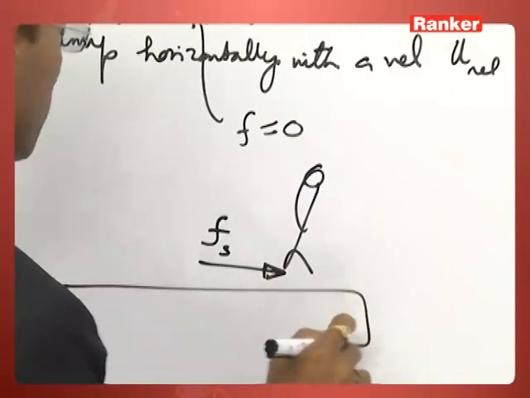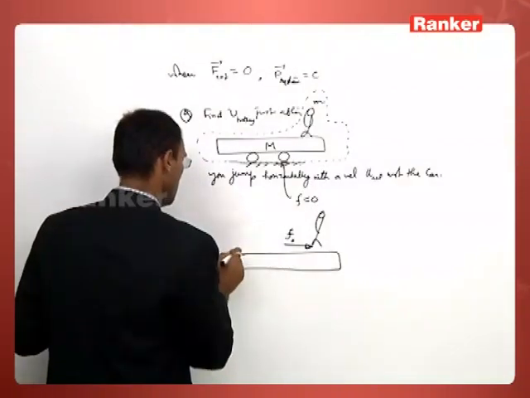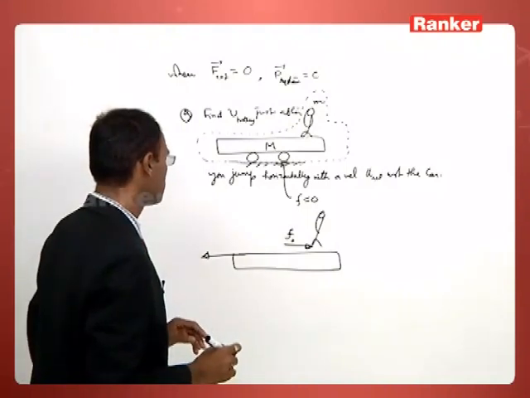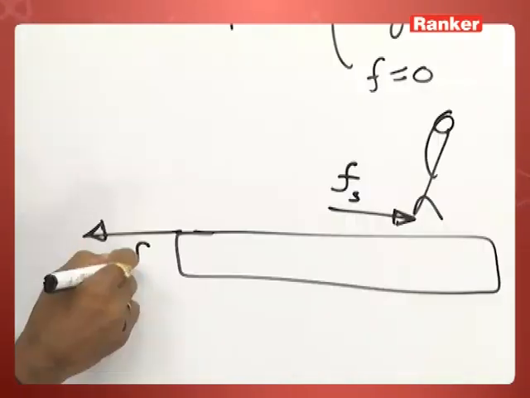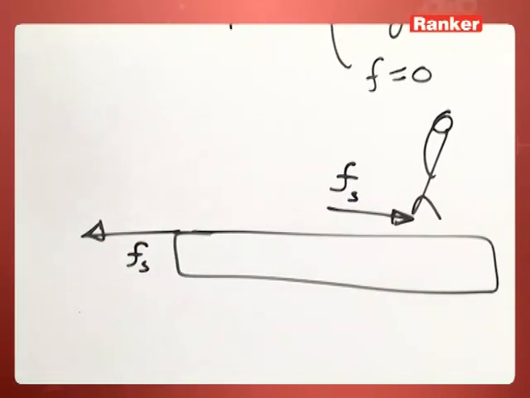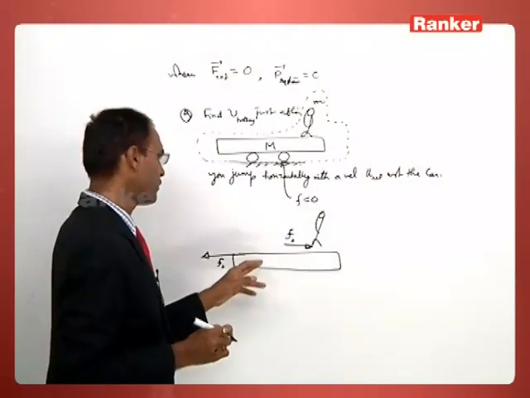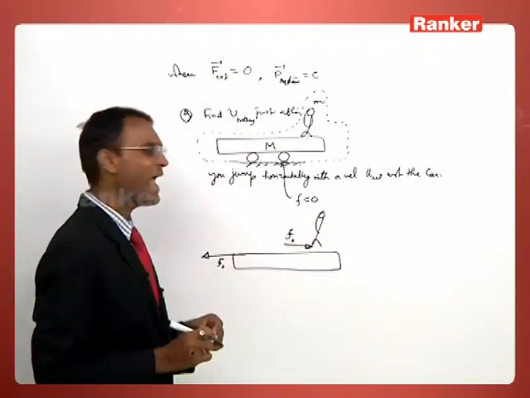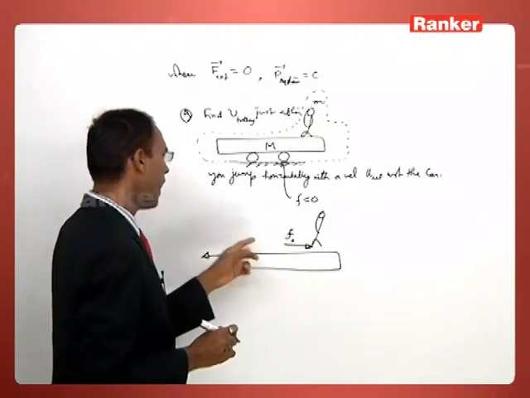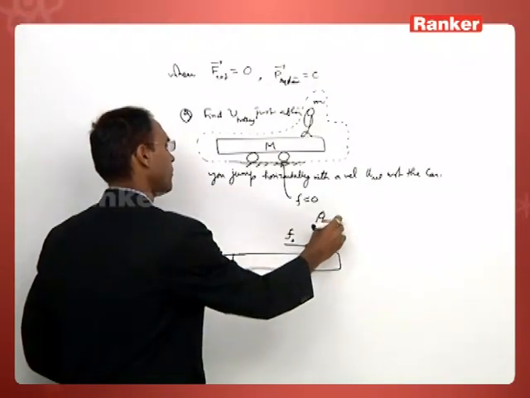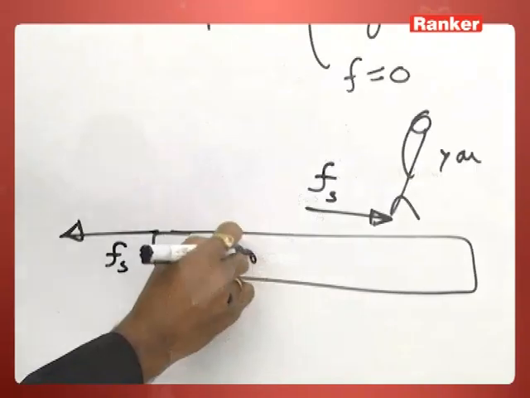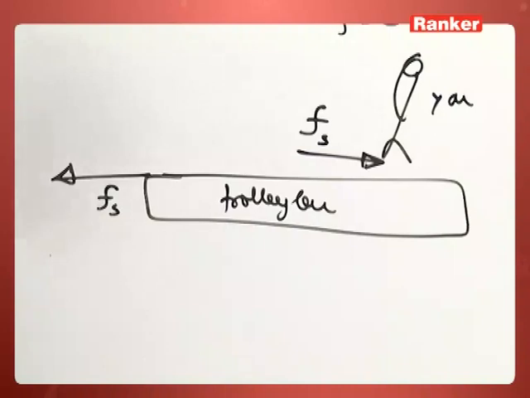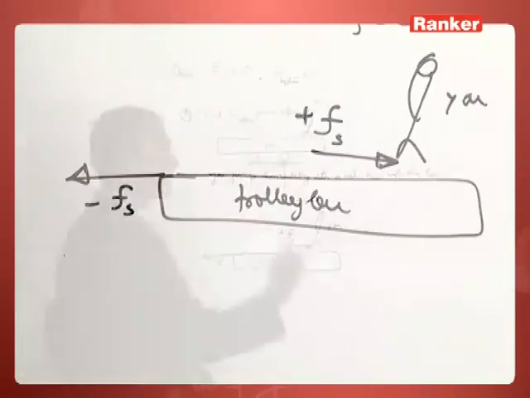And at the same time, you can push the trolley car with another force which is equal and opposite to the force you are getting from the trolley car. So these two frictions act, one on you, another on the trolley car. This is plus F, this is minus F.